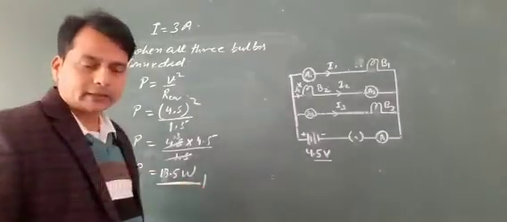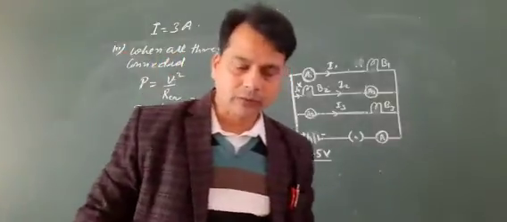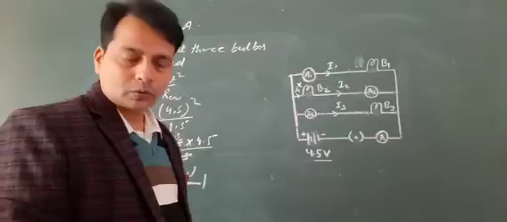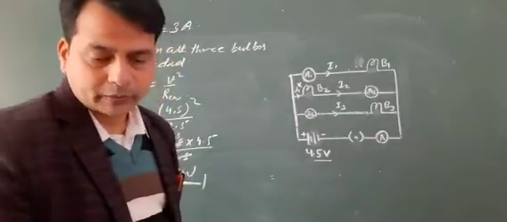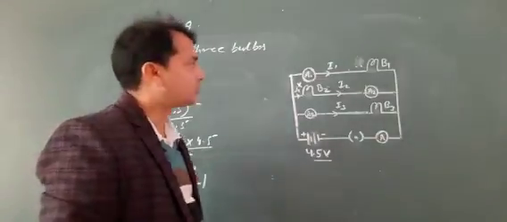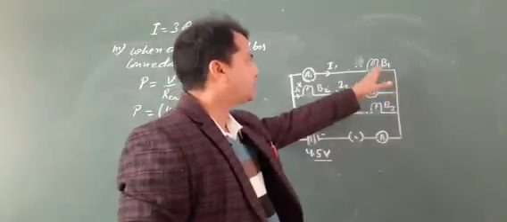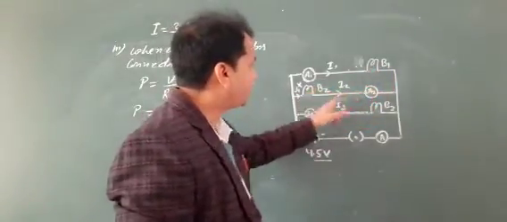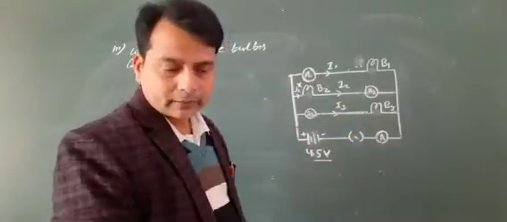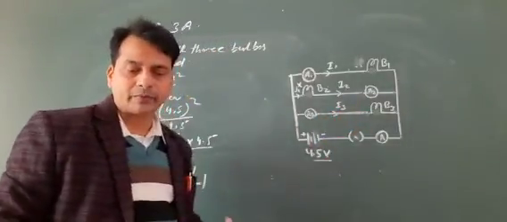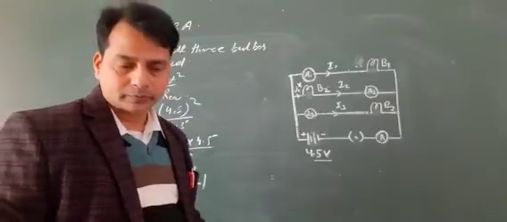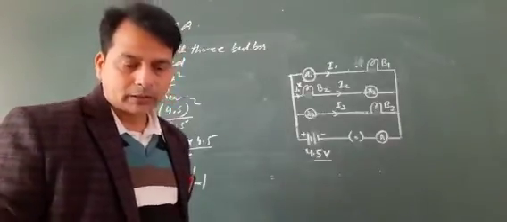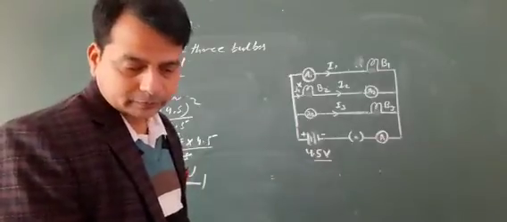So it is clear that in this question, the first question was: what happens to the glow of the other two bulbs when bulb B1 gets fused? If the bulb B1 gets fused, there is no effect on the bulbs B2 and B3. And the next question: what happens to the reading of A1, A2, A3 and A when the bulb B2 gets fused?